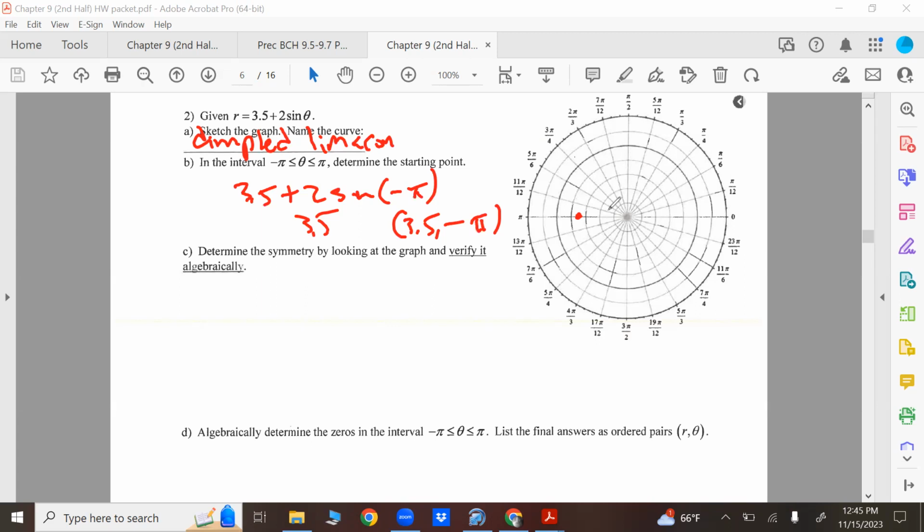And if you were to do the rest of the graph, let's do a little table here. If you plug in pi, you should get 3.5 as well. So it's basically the same place again. Let's plug in 0. Again, you get 3.5. So that should be over here.